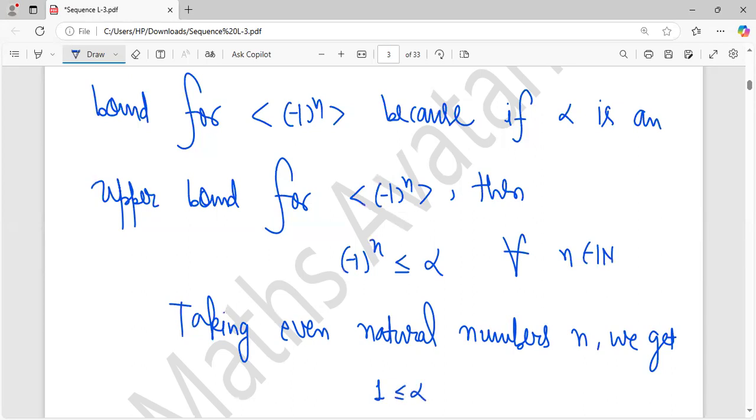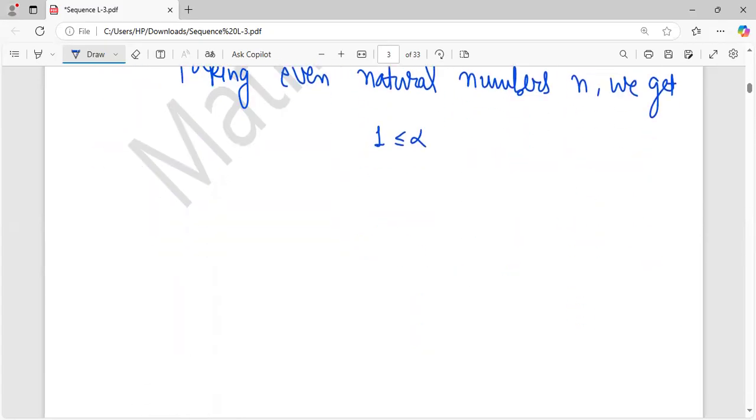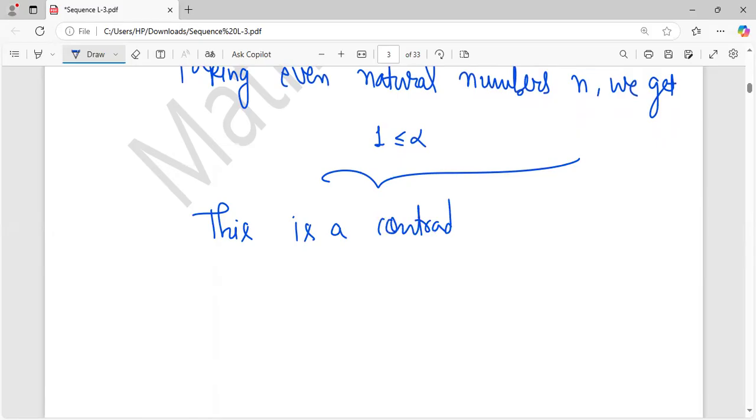But this is a contradiction to the fact that alpha is less than 1.